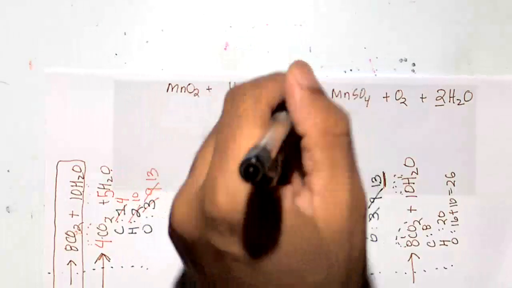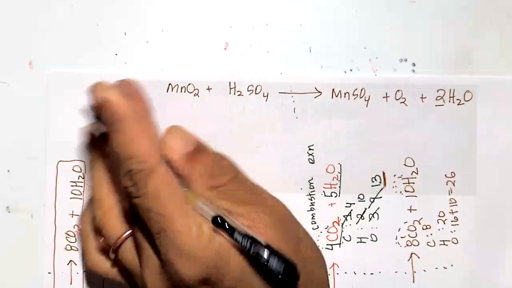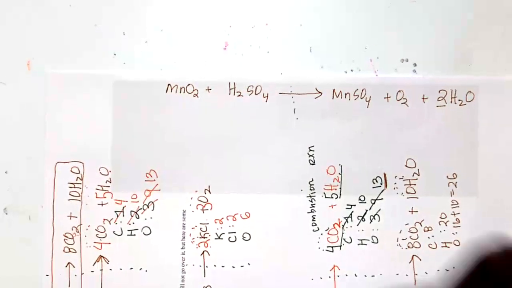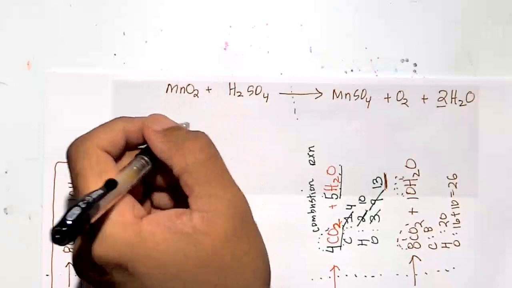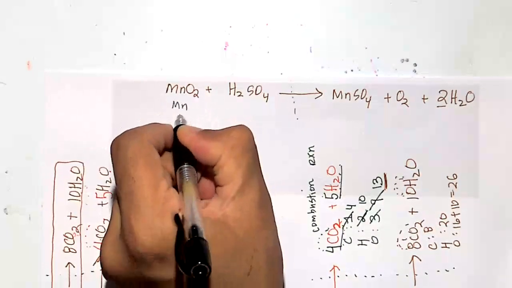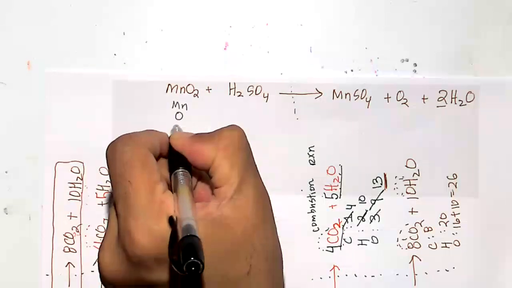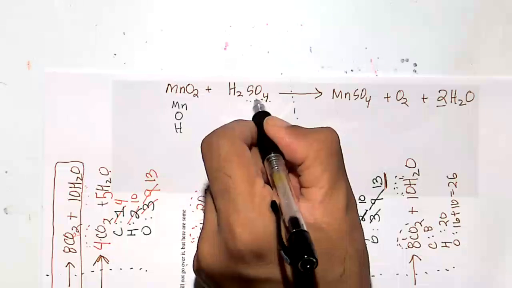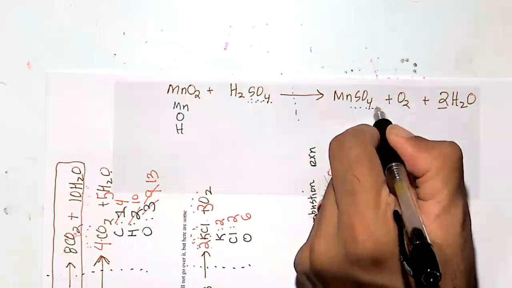All right, let's try this one out here. Reactants go to products. I'm going to do Mn, oxygen, hydrogen, and I'm going to take this out just to make things easy.